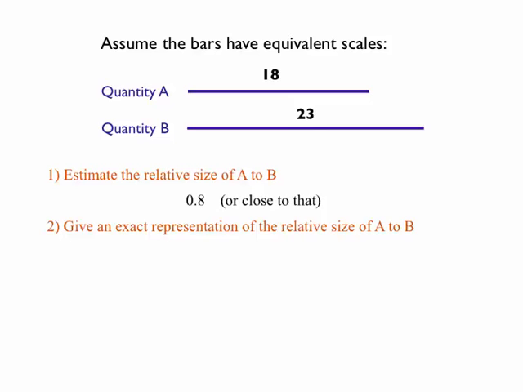What operation do you do? Division. I heard division and multiplication. Is it a product or a quotient? Relative size. Quotient. So you should have said 18/23. That's precisely the size of A relative to B.